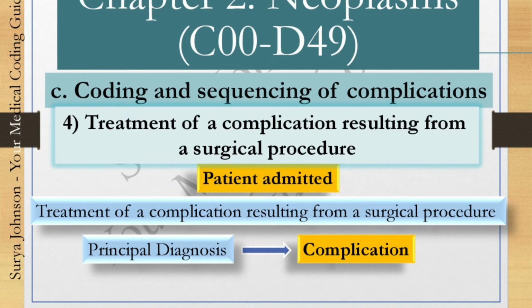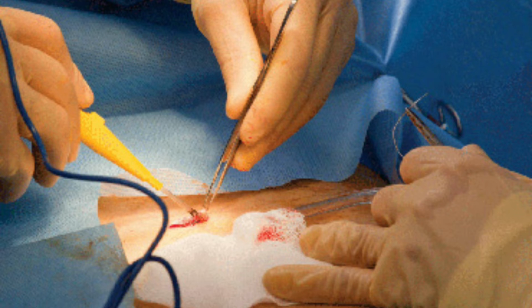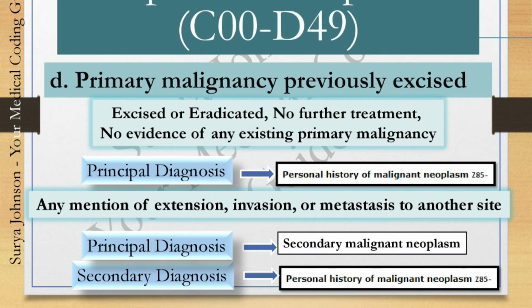The next one, D, primary malignancy previously excised. Excised or eradicated means there is no further treatment and no evidence of any existing primary malignancy. Excised means surgical removal, and eradicated means completely resolved. There is no further treatment required for that primary malignancy, and no evidence of that malignancy in the patient's body.